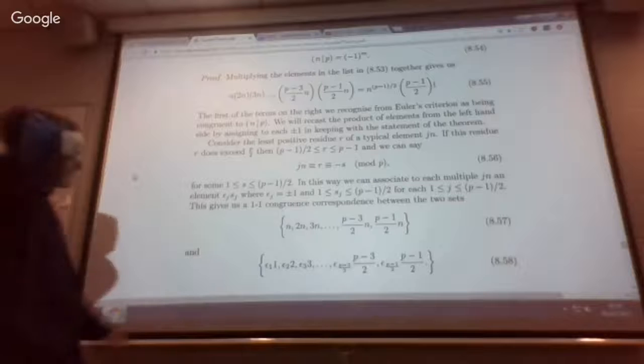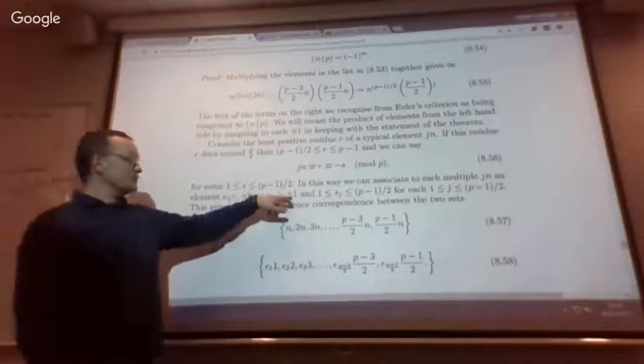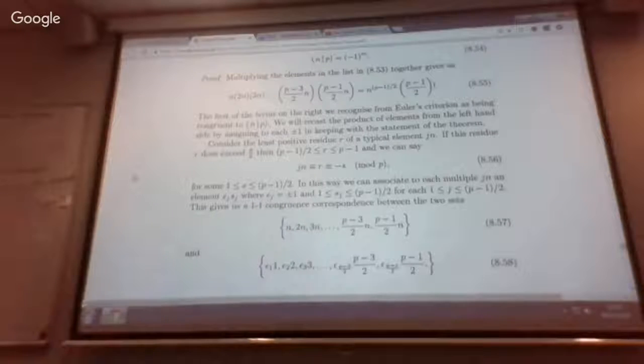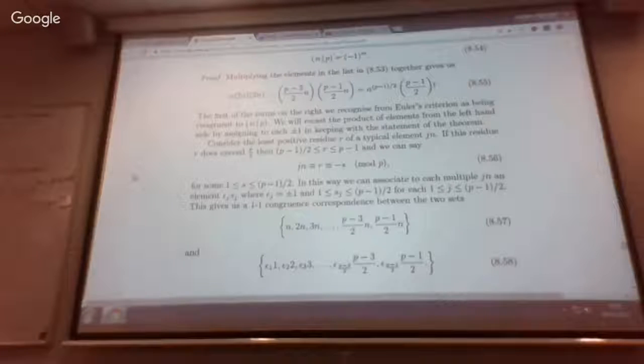So what we get is that to each multiple j, we're associating basically a plus or a minus sign. If the j comes in here, the plus or minus sign, which we've named epsilon j, is minus 1. If the residue lives in here from jn, we're considering it as a plus 1. Okay?